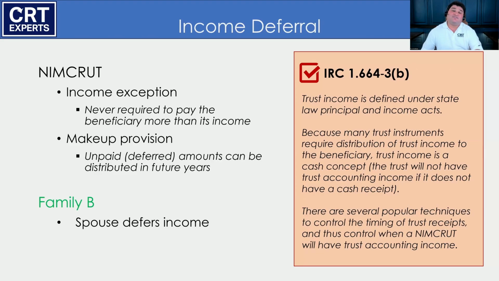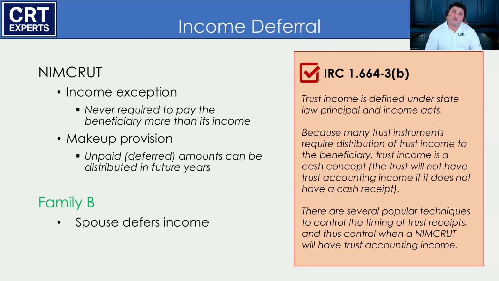But regardless of what type of container we're using, the idea is that until we distribute cash from that container to the NIMCRUT, we don't have trust accounting income. So the interest, dividends, and realized capital gains that would need to be distributed if the NIMCRUT owned the assets directly are still incurred, but the trust accounting income isn't triggered until we have a cash distribution from the container to the NIMCRUT. The CRT's tax return, the 5227, is still tracking that income.